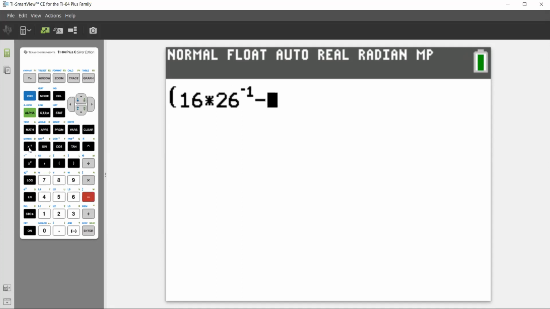Then I'm going to do subtract. And this will work because in order of operations, exponents are done first. So 16 divided by 26 minus 7 divided by 26. I'm going to do the same thing: 7 times 26 to the -1 power. Hit the x to the -1 button. So there's my test statistic, all right? So this is difference of proportions.